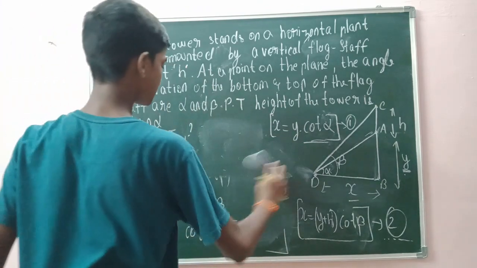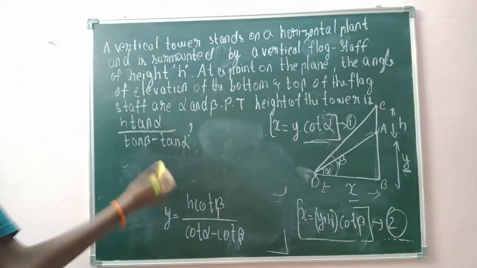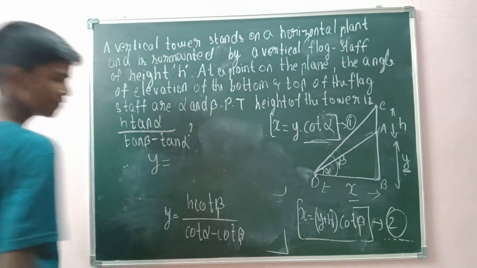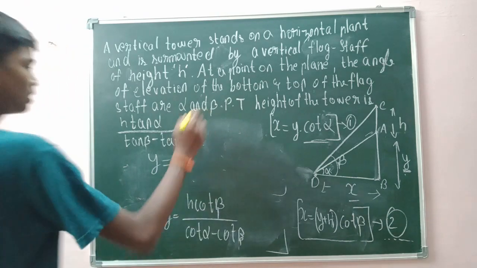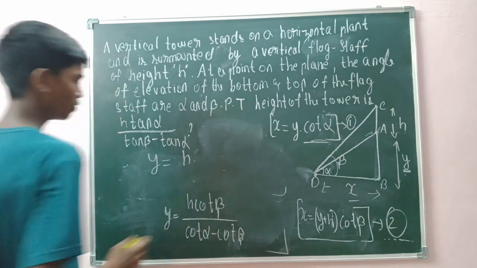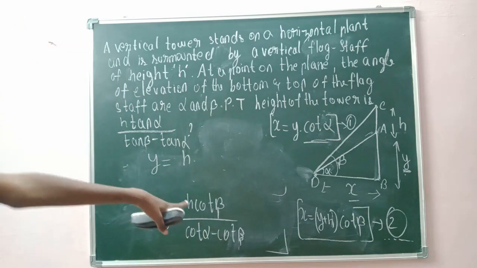Now I will rub these things out. We have almost completed it. Just follow what I am doing here. We know that y is equal to h cot beta by (cot alpha minus cot beta).